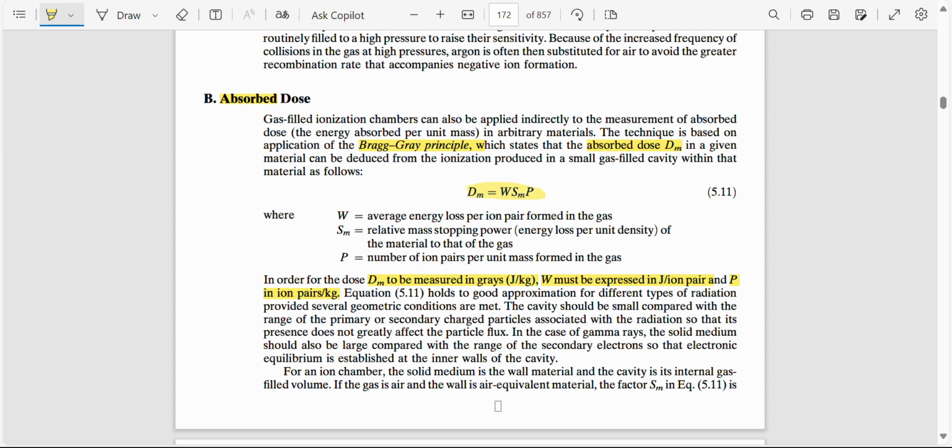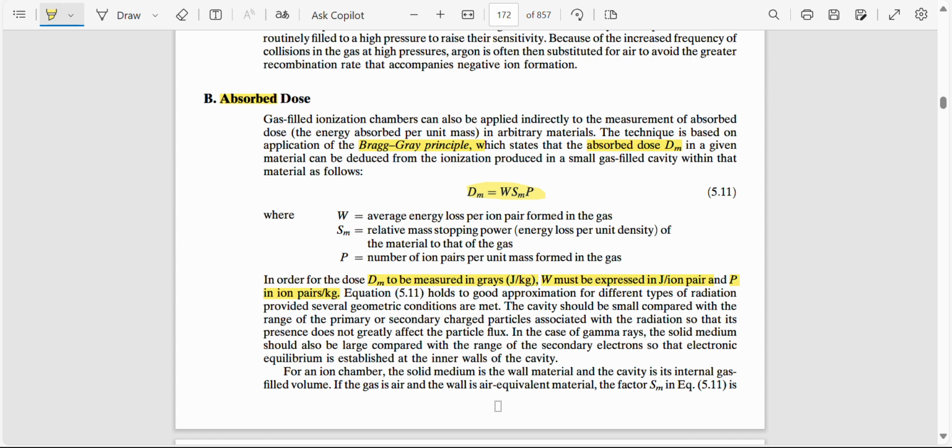Calculate the absorbed dose. What you have to do is multiply W by Sm into P. The value of W is 34, but the energy loss per ion pair is in eV and we need it in joules. So we multiply by 1.6 into 10 raised to minus 19. The value of W becomes 34 times 1.6 into 10 raised to minus 19.